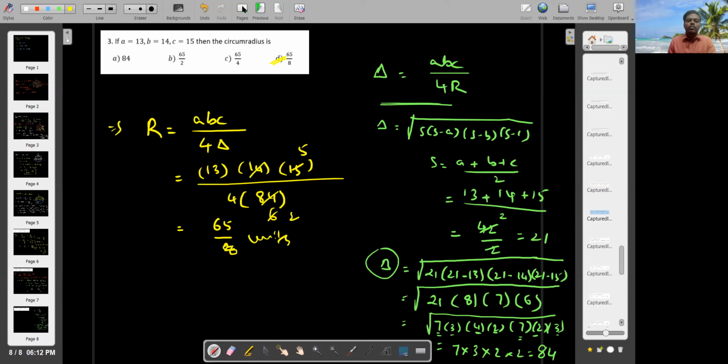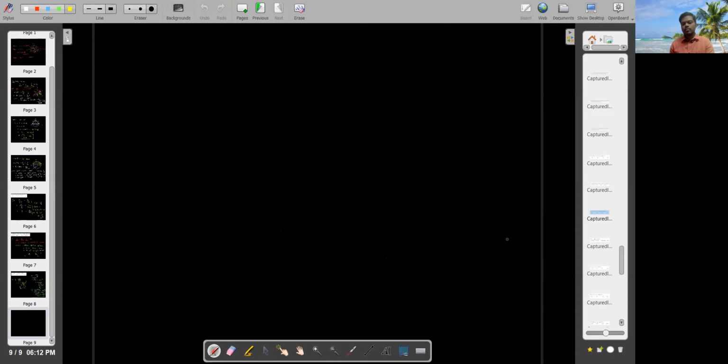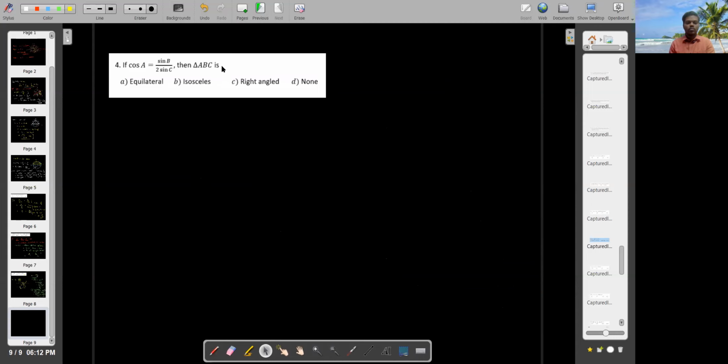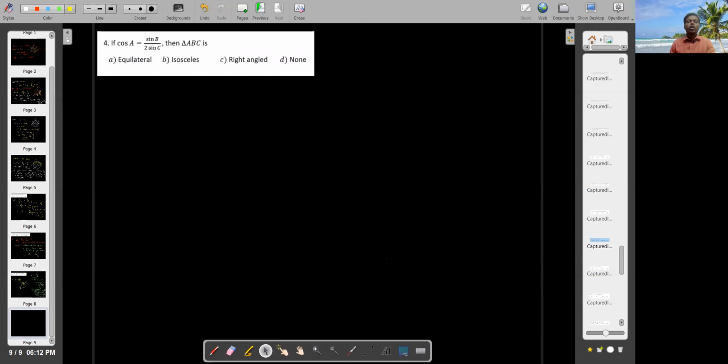Then go to the next one. If cos A equal to sin B by 2 sin C, here we should recall the cosine formula. So the cosine formula is cos A equal to (b square plus c square minus a square) by 2bc.